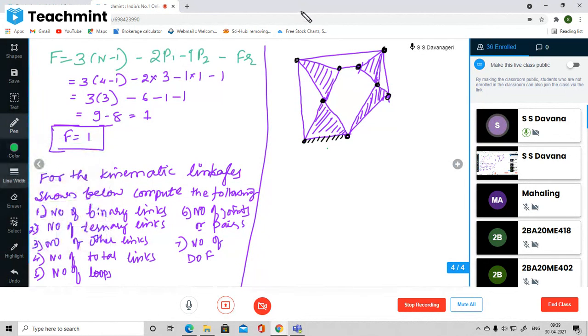Now find out how many links we have here. First, we'll go for the total number of binary links. Someone give the answer. How many binary links are here?